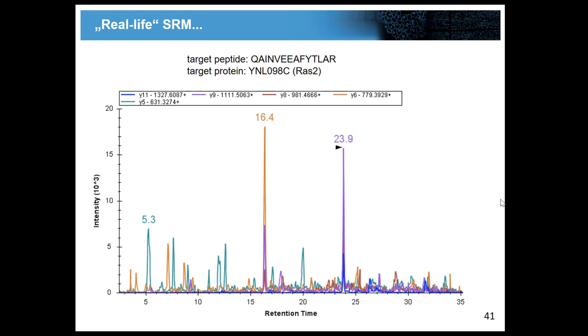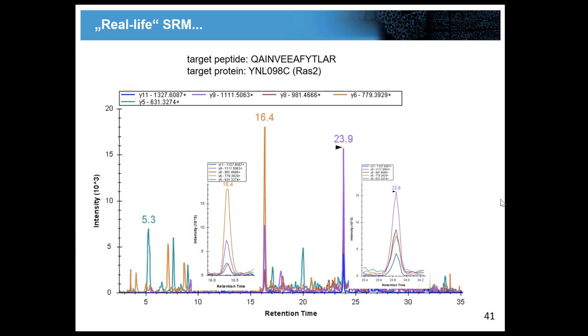Much more often it looks like this. Here another protein, RAS2 kinase, was monitored again with 5 transitions, and you see that there are actually 2 peaks where we have a pretty decent peak. What do you think? Is it the one here at 16.4 minutes or at 23.9 minutes? Any guesses? Let's look at the fragmentation.